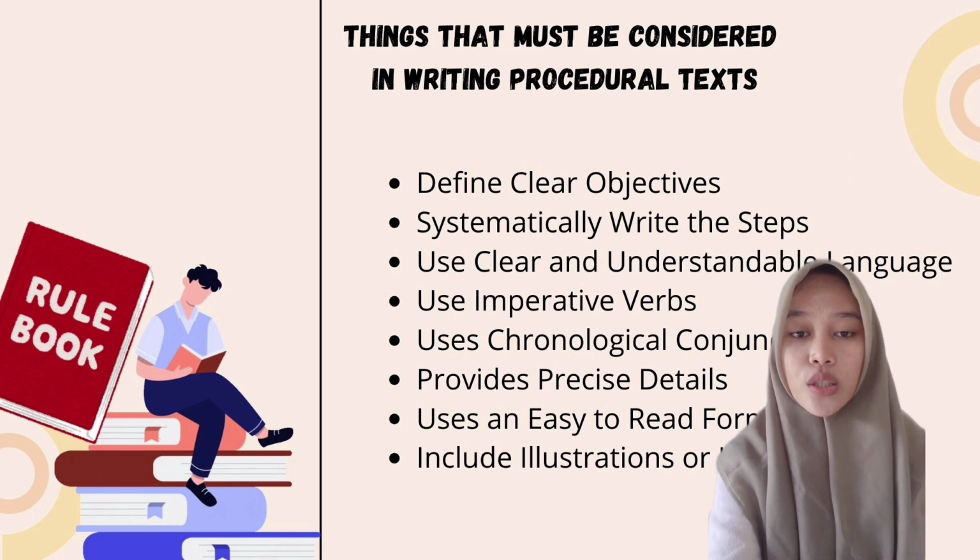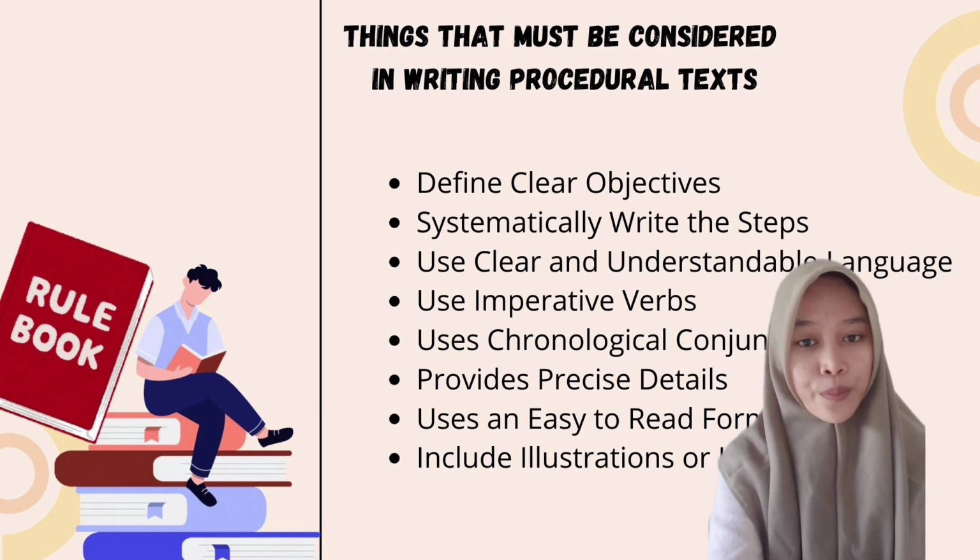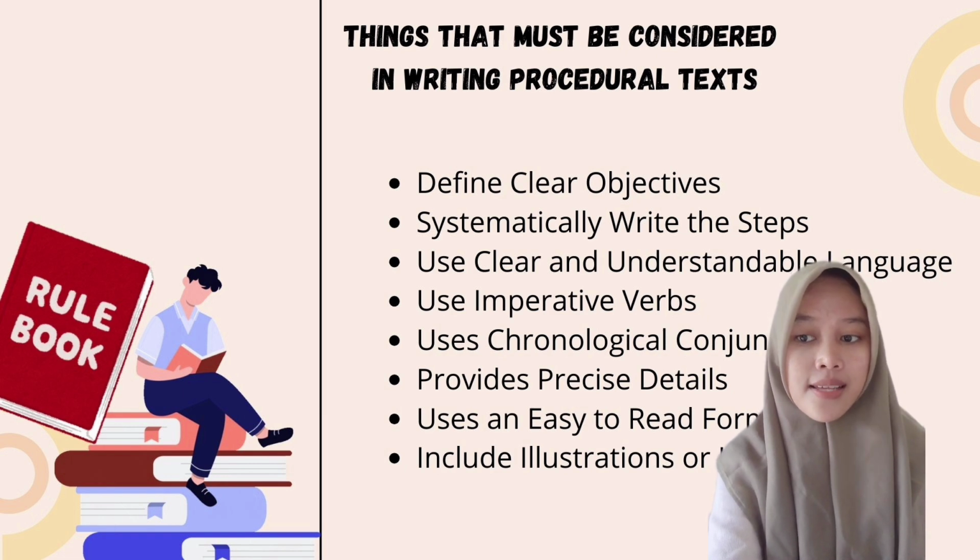And then, if you want to make procedure text, there are things you must consider in writing it. The first is you must define a clear objective or purpose. And then the second is read the steps systematically. After that, the third is use clear and understandable language.